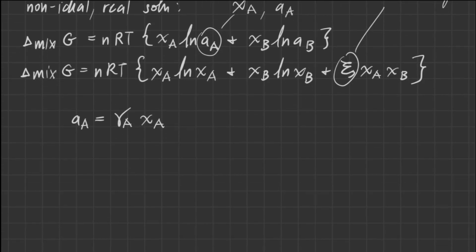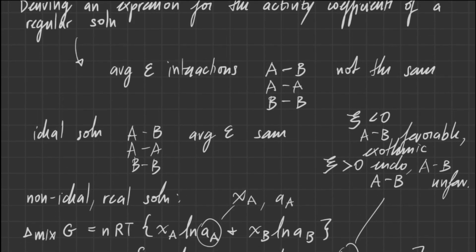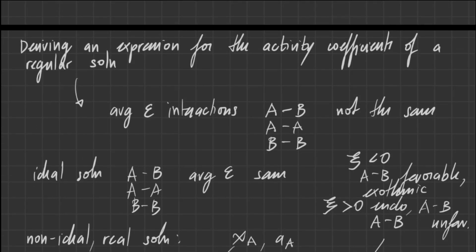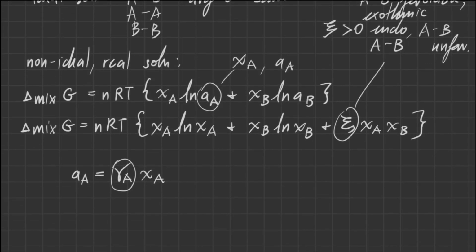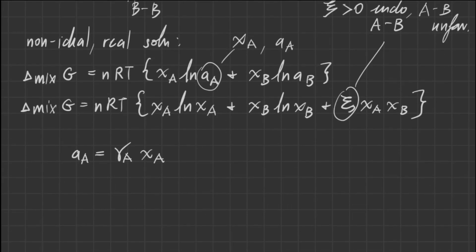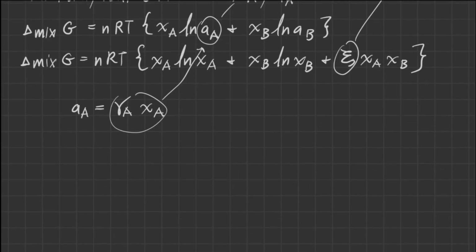So this is the activity coefficient, and this is what we want to find an expression for. So we plug this into the first expression, and we get the following.